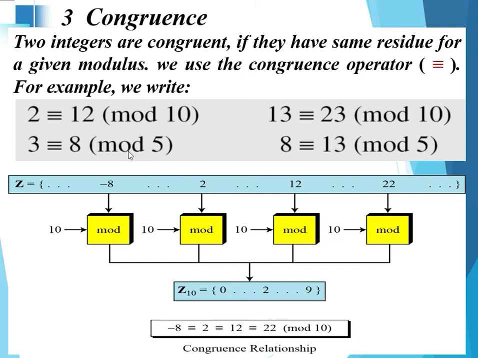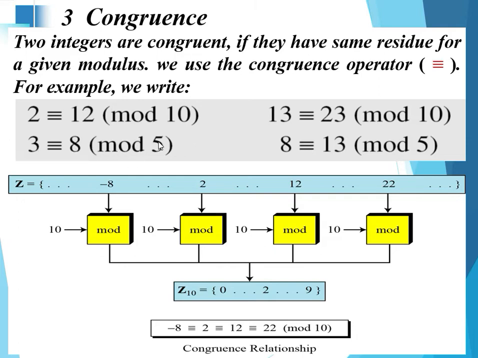Which is 3, right? Similarly, if we do 8 mod 5, the result is 3. 5 ones are 5, the remainder is 3.